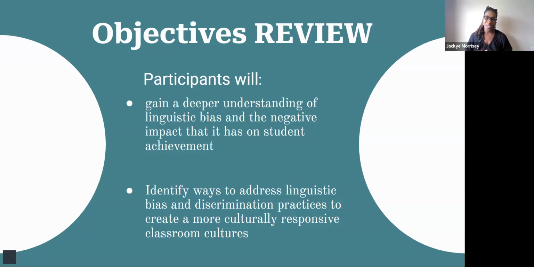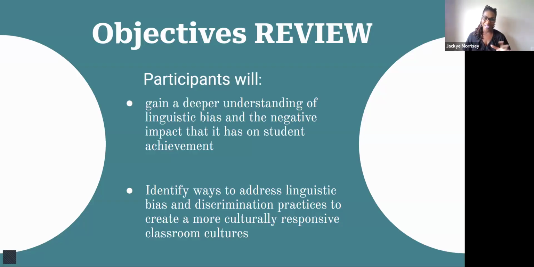The second objective that we had was to identify ways to address linguistic bias and discrimination practices and to create a culturally responsive classroom culture. So we talked about some of those steps that we can use to address them, the steps that we just had on that last slide, looking at acknowledgement, grades, names, and perceptions.